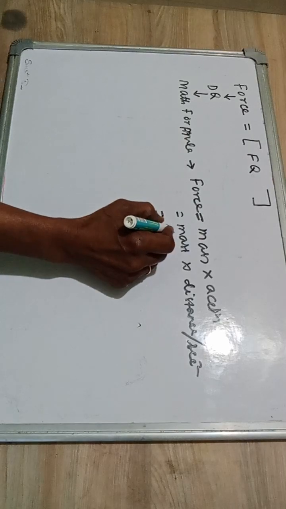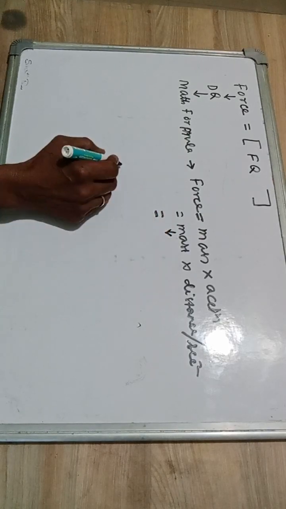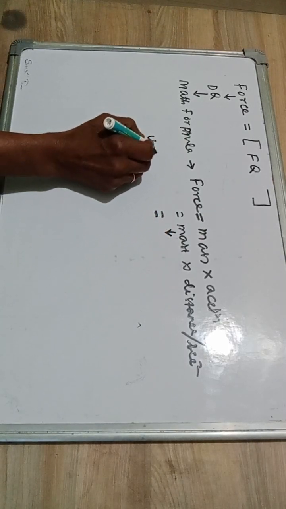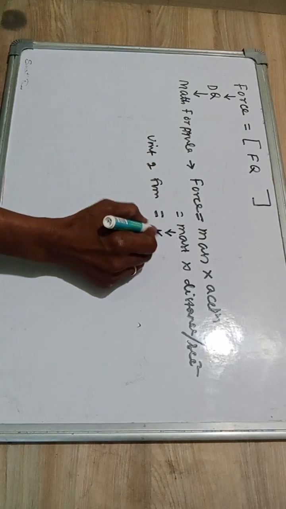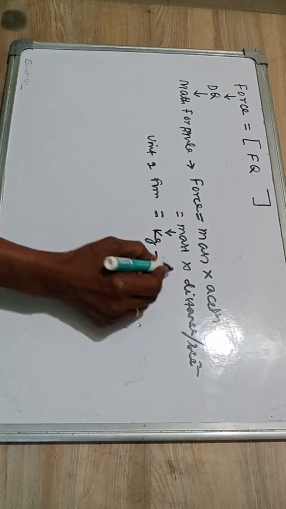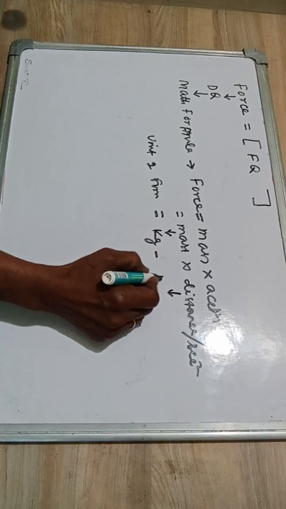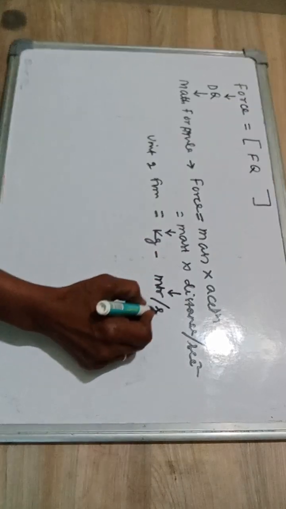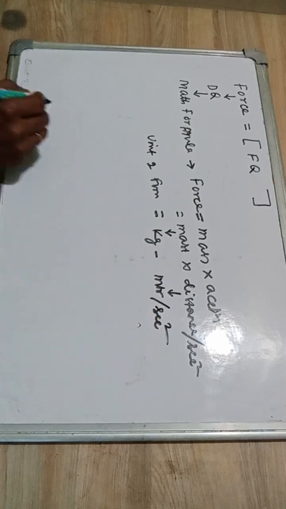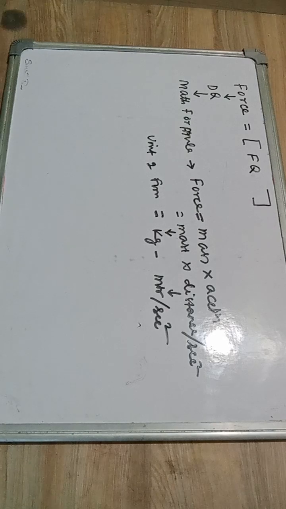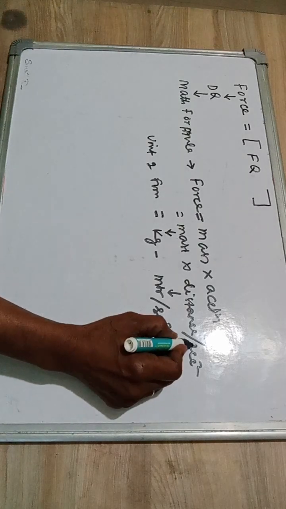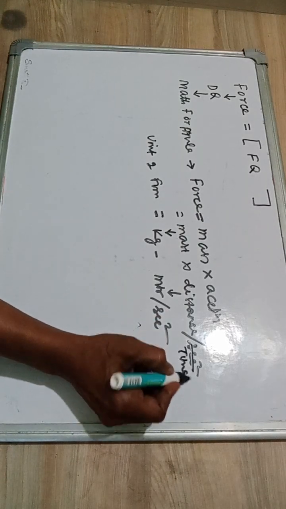Already you had calculated the unit of force. The unit of force is the unit of mass, kg, times the unit of distance, meter, per second square. Here is a time square.